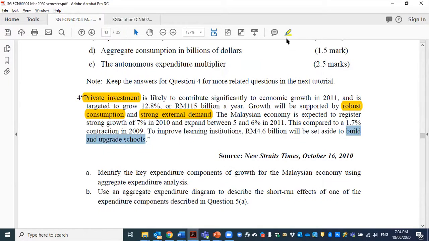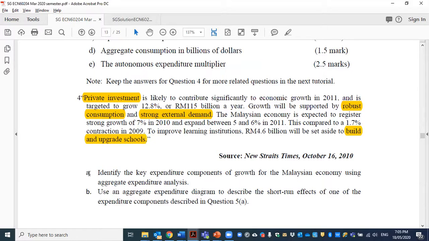So it means that apart from C, I, and X, even the government is also contributing. Infrastructure is not in my control, it's not in your control, it's not in the control of foreigners, it's only the government. So that's why building and upgrading schools is part of G. So in very simple words, you can see that the Malaysian economy is focusing on all the components of aggregate demand.